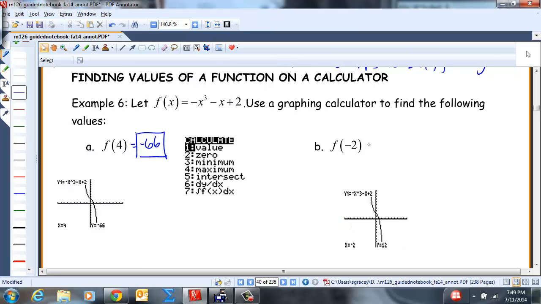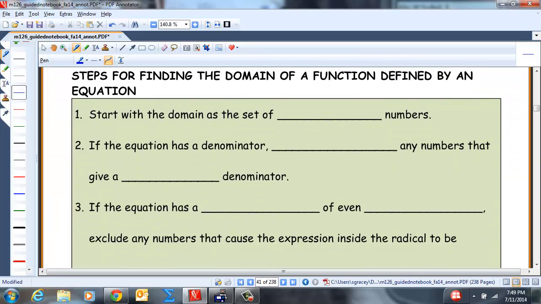So we say y is 12. So how cool is that? Technology is awesome.